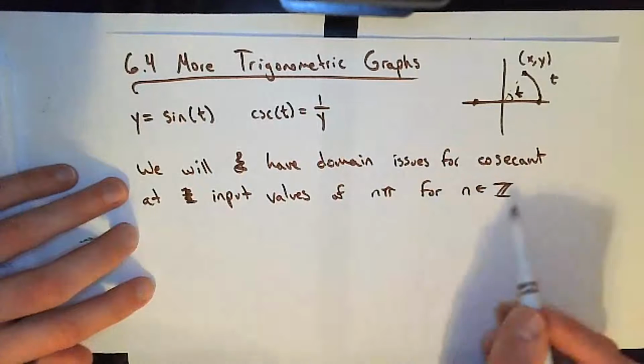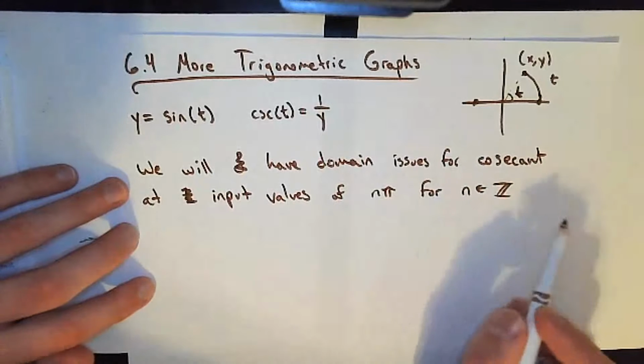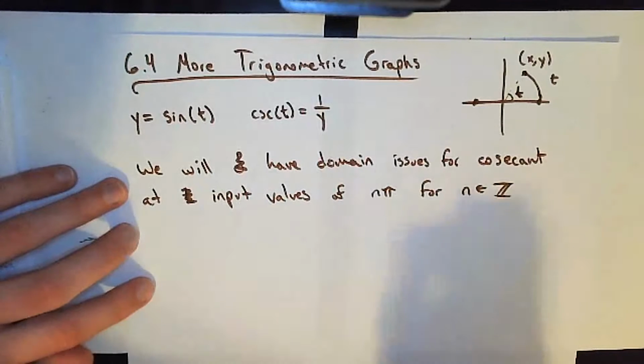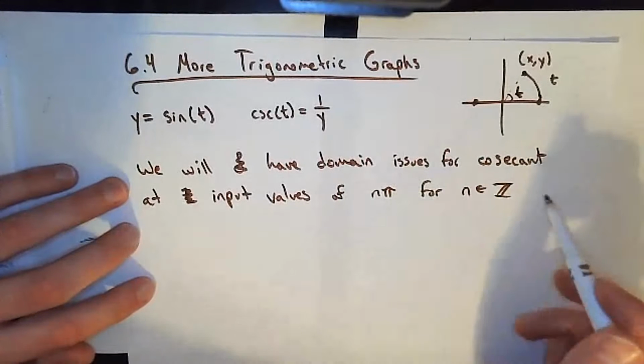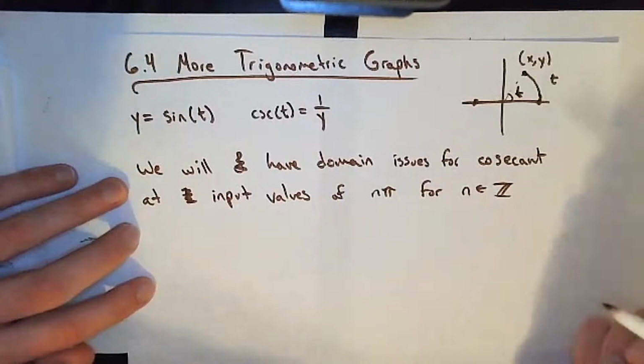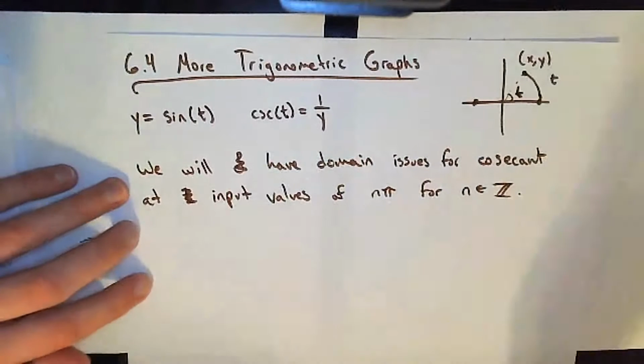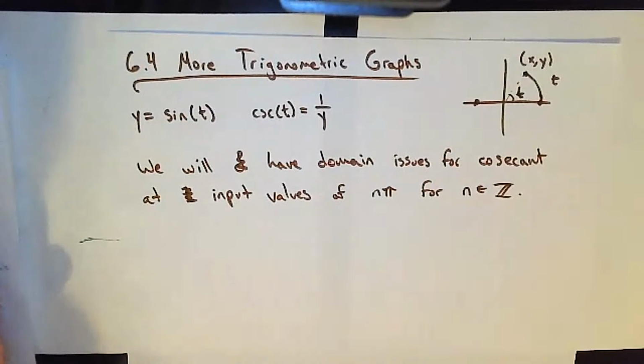So just pick an integer like -3, -3 pi, we're going to have a domain issue there. 0, there's a domain issue there. 2 pi, yeah, a domain issue there. At all whole and negative whole number multiples of pi, we're going to have domain issues for cosecant. Okay, that's fine.